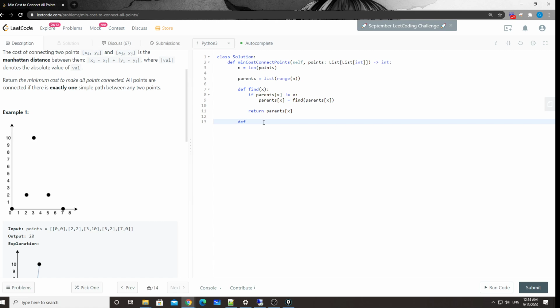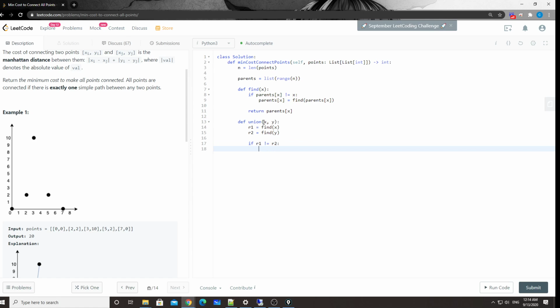And then for the union, we take x and y. We set root one equal to find(x) and root two equal to find(y), and we only do the union whenever r1 is not equal to r2.